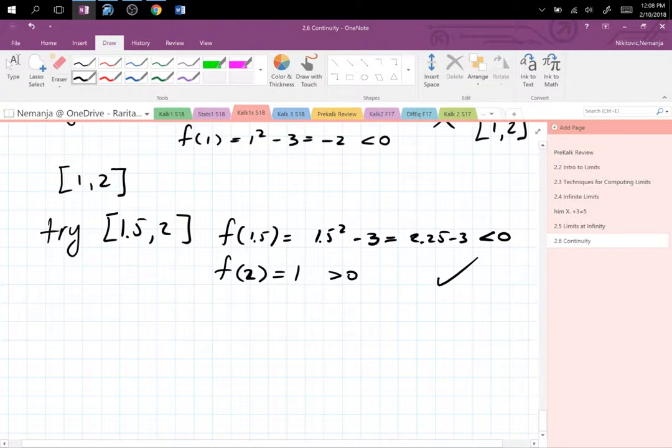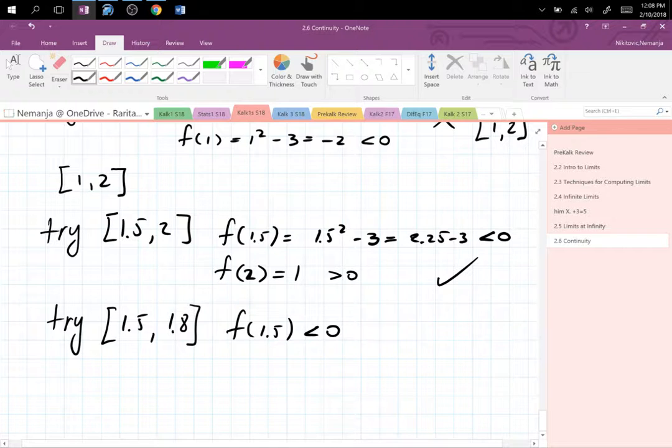That's cool. All right, what numbers should I test now? Just give me anything, it doesn't matter. Keep one of the end numbers and change the other one to whatever you want. 1.8, 1.5. You mean the other way around. So try 1.5 to 1.8. Okay, well, we already know that f of 1.5 is less than 0 from the earlier calculation.